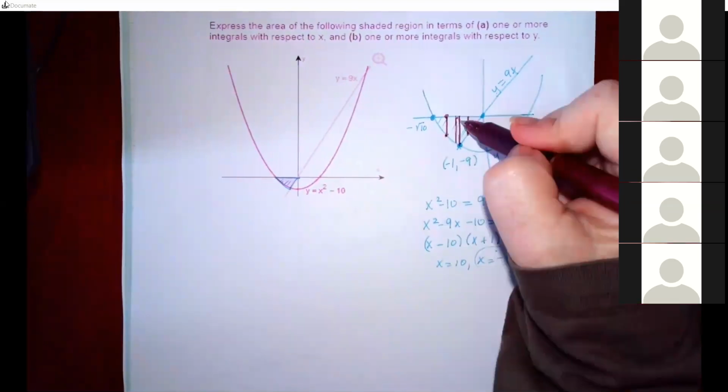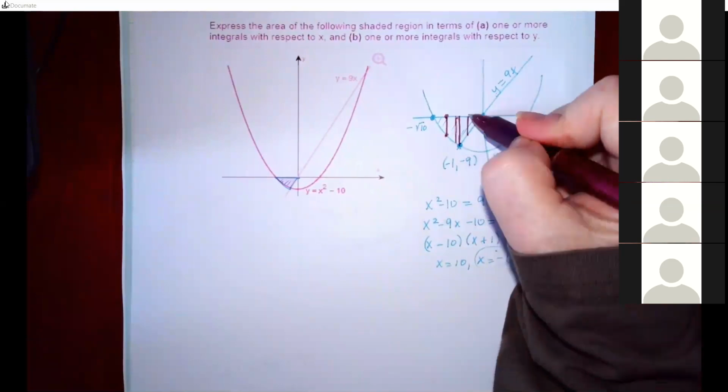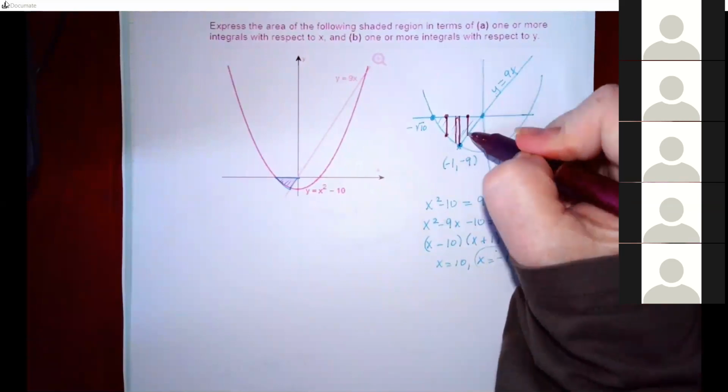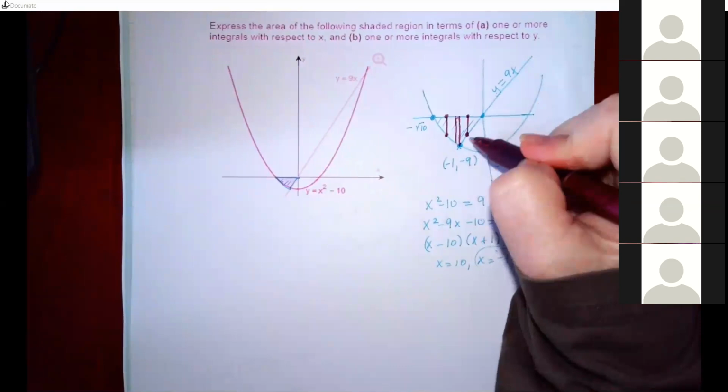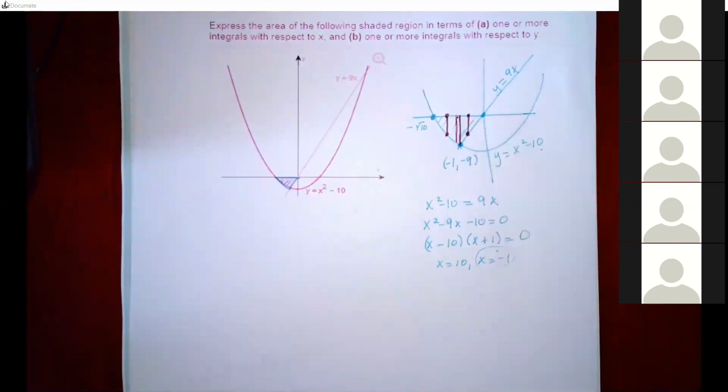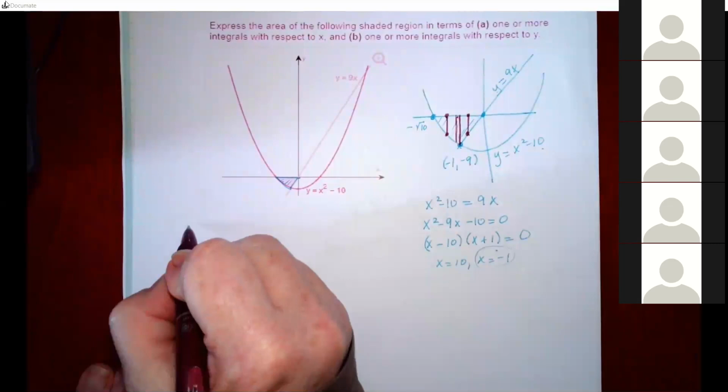Once I cross that point of intersection, the top graph is the x-axis and the bottom graph is the line. So I am going to be required to do 2 integrals in this particular problem using vertical rectangles.